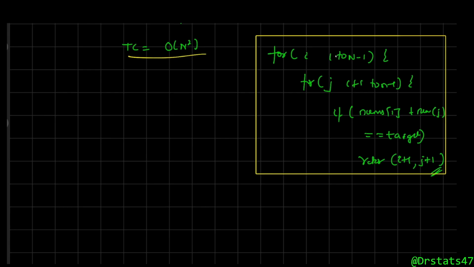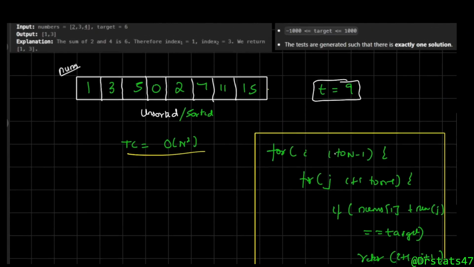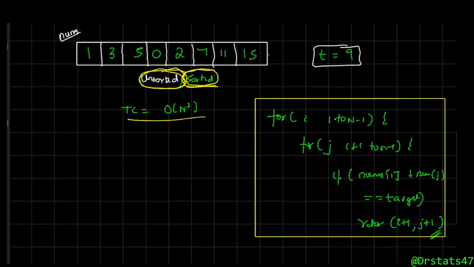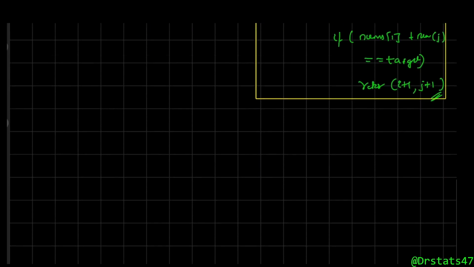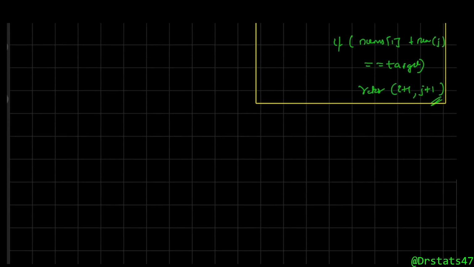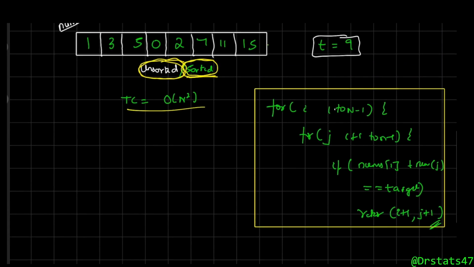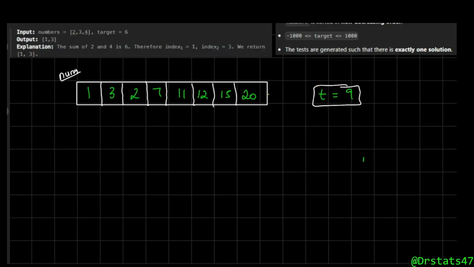So what is the optimal approach? We know how to approach this question with brute force. Now coming to the sorted part of this question, the array is sorted. Let me clean this first and I will take another example.